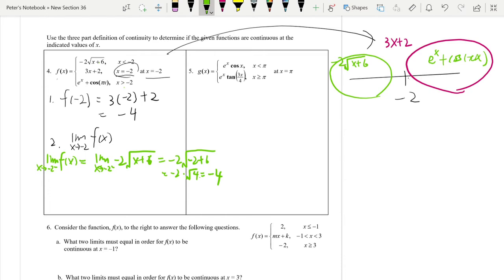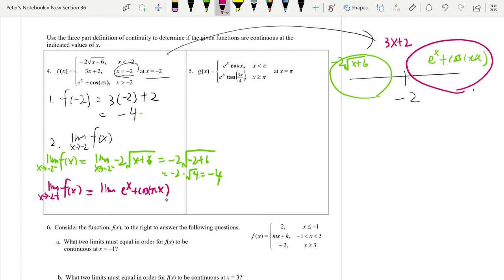Okay, probably good news, right? Negative 4 so far, but we really have to check our right-hand side limit as well. So here, the limit of f of x as x approaches negative 2 from the right-hand side. Then I follow the limit of e to the x plus cosine of pi x.